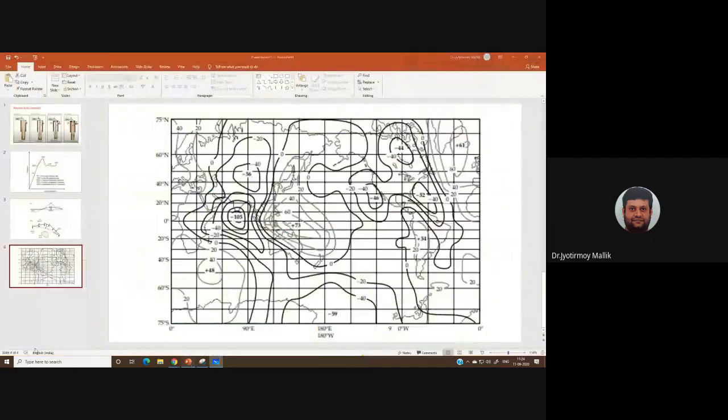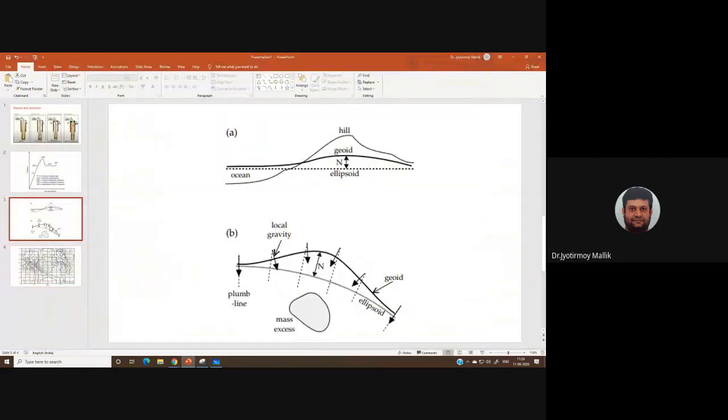We want to see, so as I have been explaining, this is my reference ellipsoid, this is my geoid, and this geoid is pushed up because of the presence of a hill here. Okay, why? Because of the hill, there is more mass.